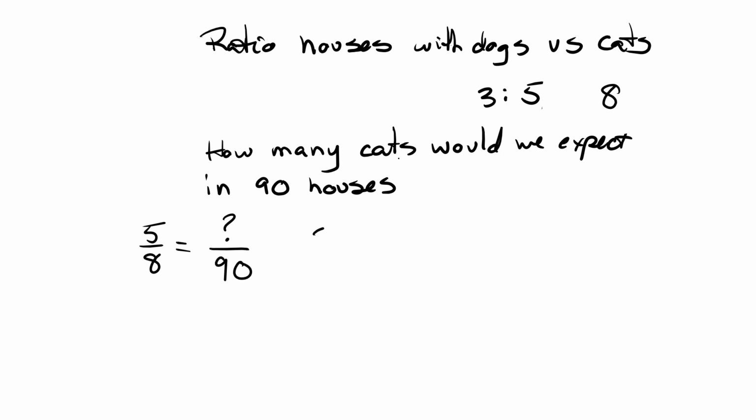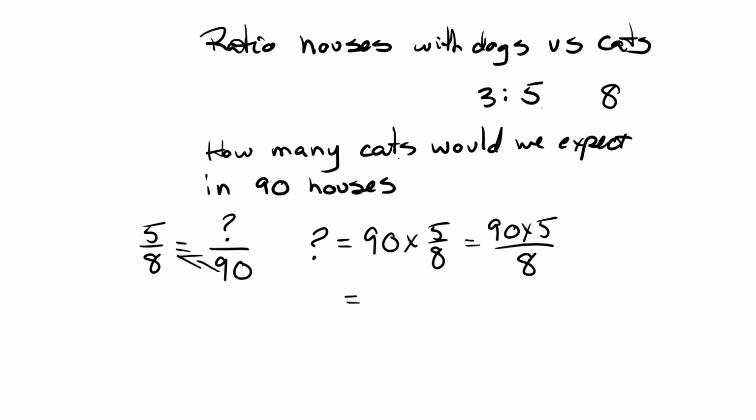To solve that, our question mark, again using algebra skills, we would take this 90 and we would multiply across that 5/8 ratio. So we'd have 90 times 5 divided by 8. And when you work that out, you end up with 56.25.